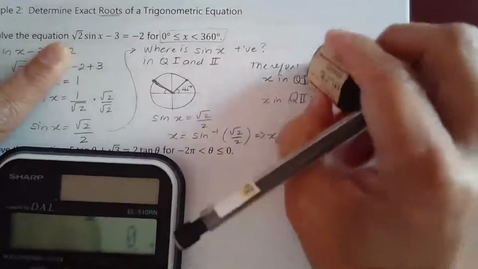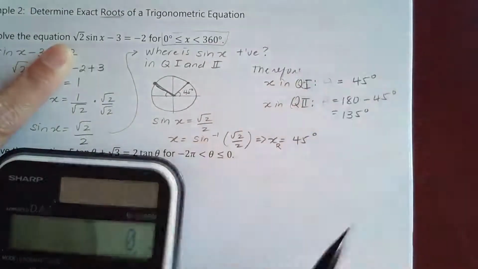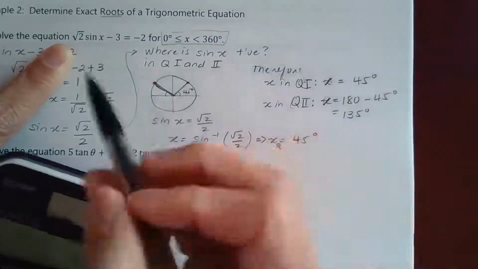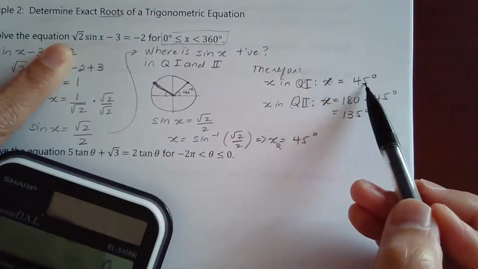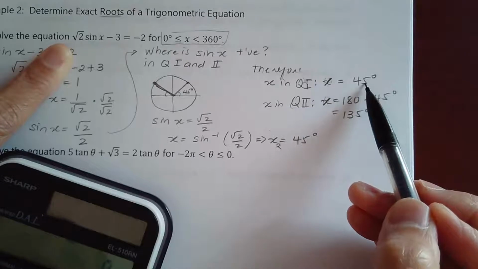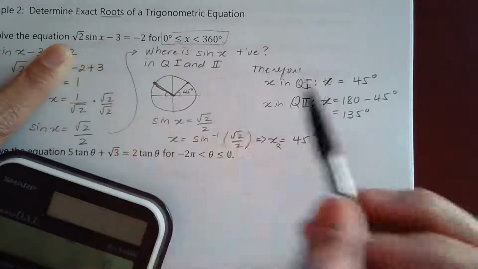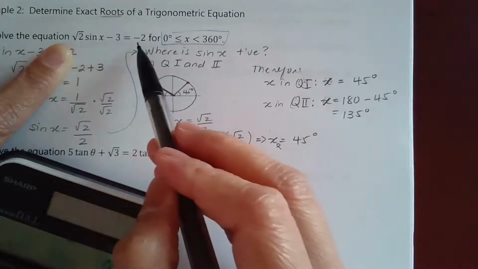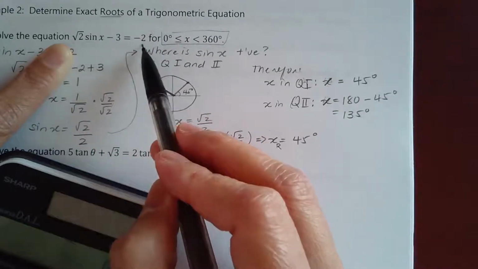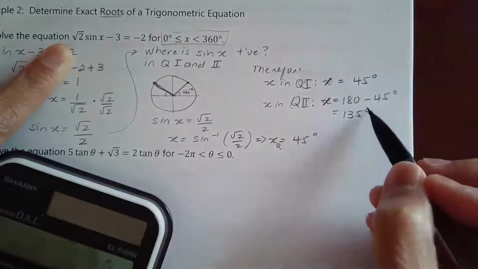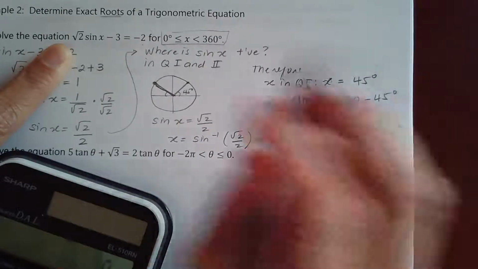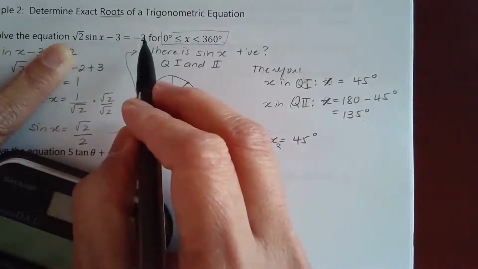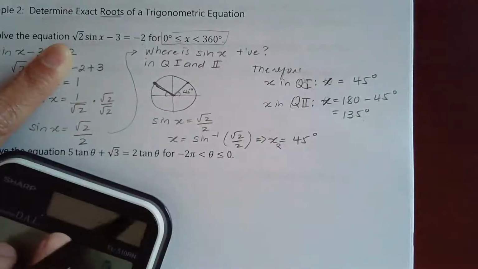Wherever I find x, I'm going to substitute 45 there and see if the left side equals the right side, which is -2. Then I'm going to try 135 degrees and see if the left side will equal the right side.